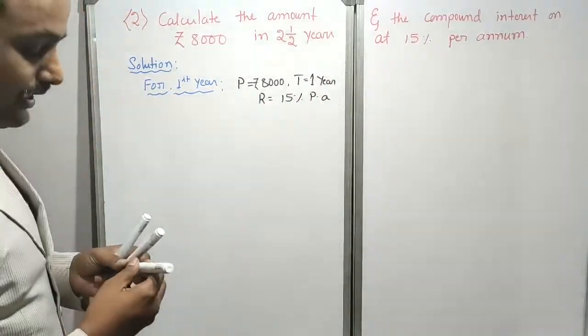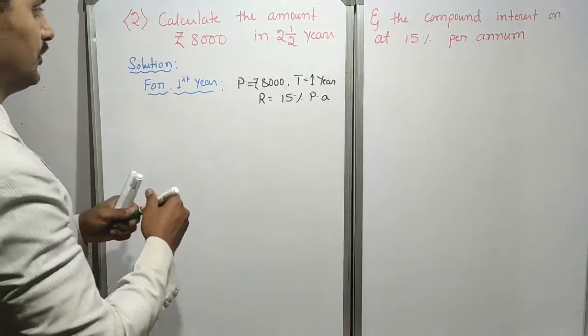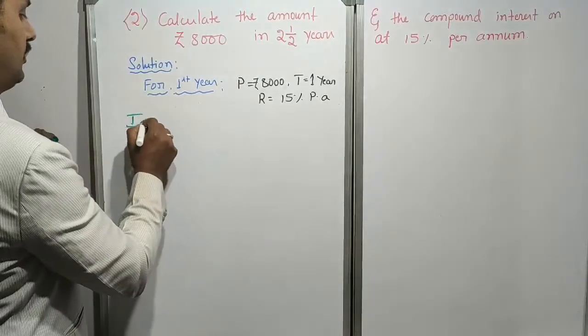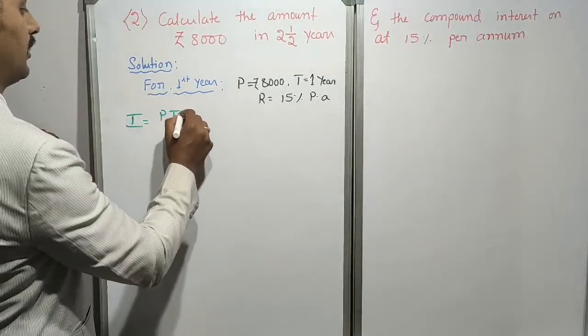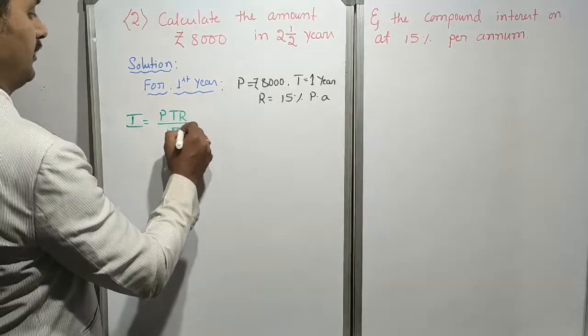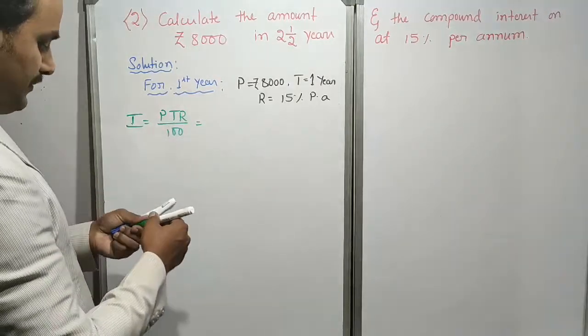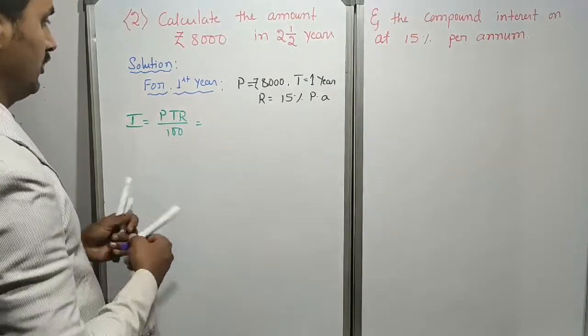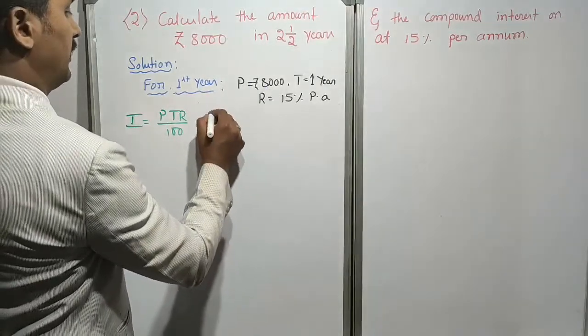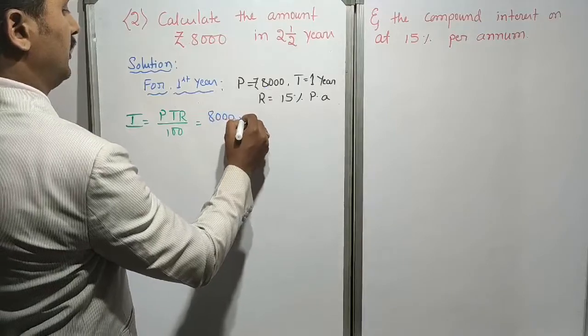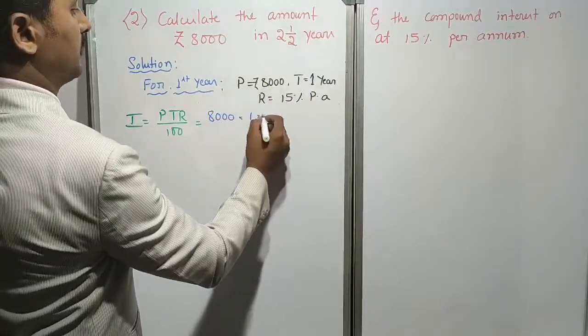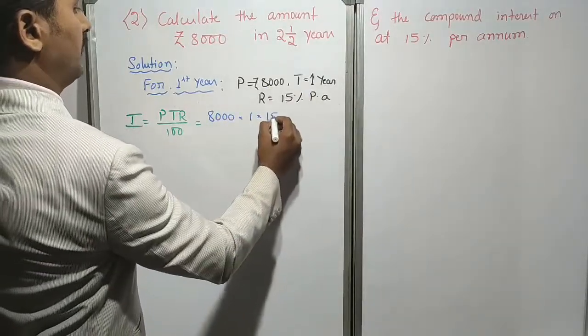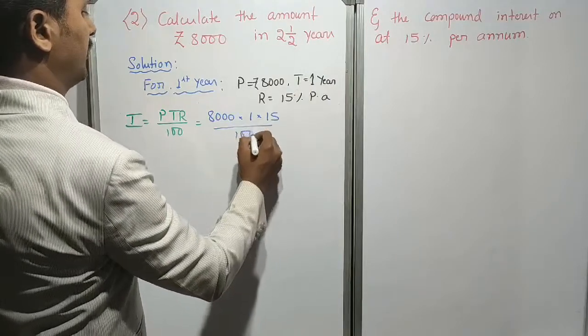Formula, what is it? Interest formula. You know that interest is equal to PTR divided by 100, where P is nothing but the principal amount. P value, what is the principal? 8,000 into time 1 year into rate of interest 15 divided by 100.